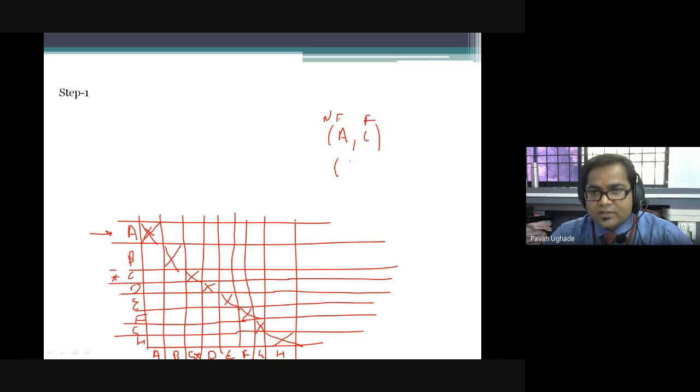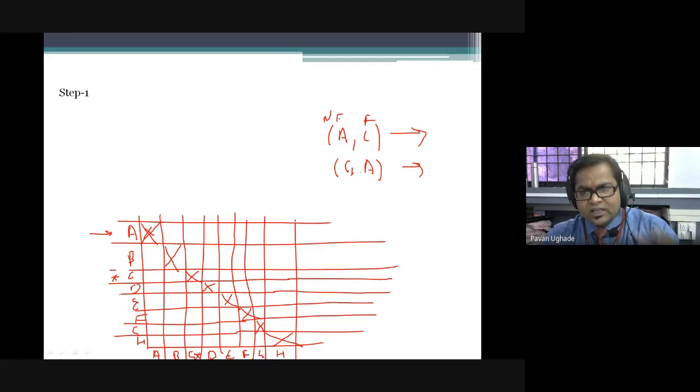And if I write C comma A, whether both are the same or different? A comma C is the same as C comma A, because we are going to check only the pairs, right? We are just checking whether they are distinguishable or indistinguishable.